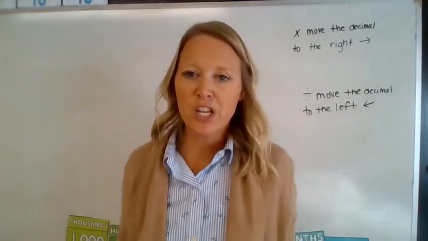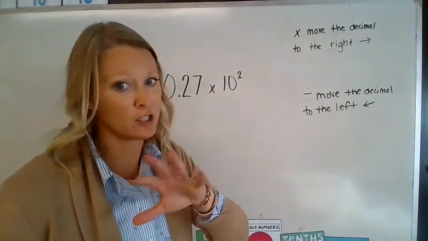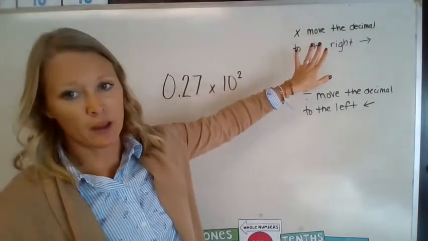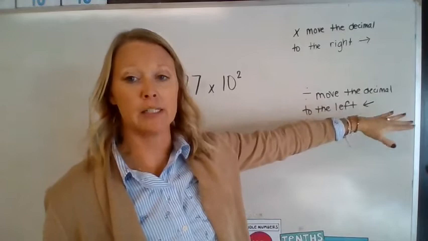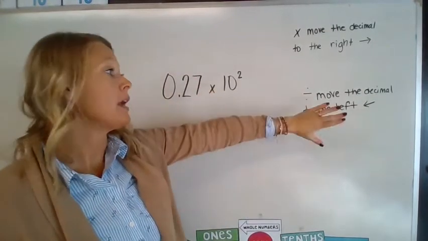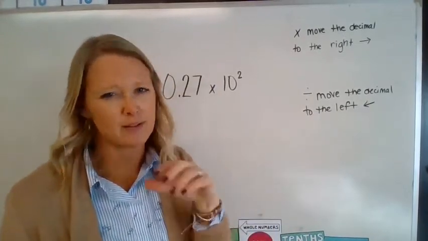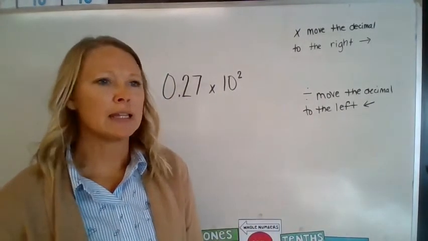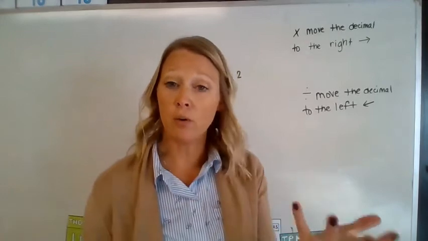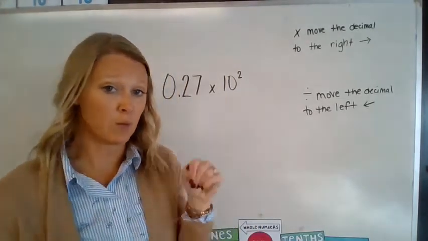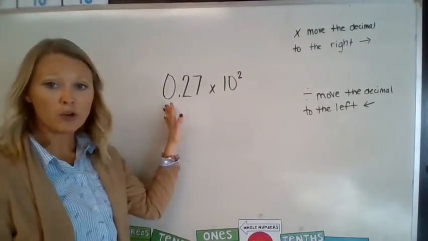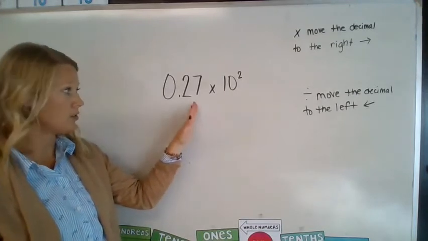So using what we just reviewed and learned, actually, when we multiply, we move the decimal to the right that many places based on the exponent. And when you divide, you move it to the left. So let's apply that to this problem. I have some practice problems that we're going to try out. And let's see if this pattern works and if you can practice it as well. So here I have 27 hundredths.